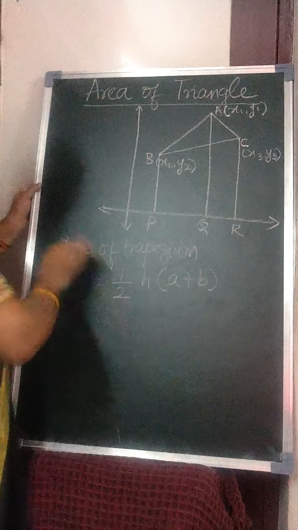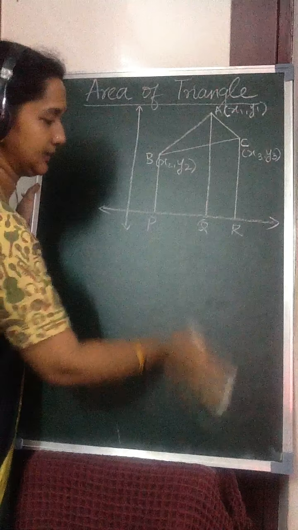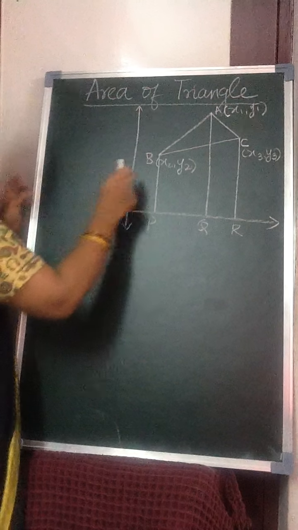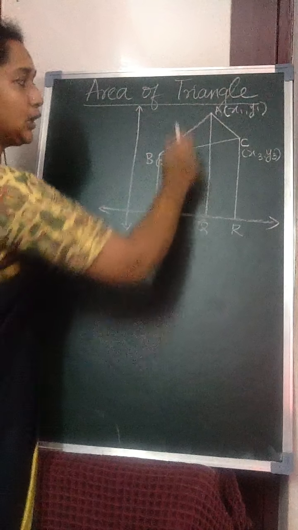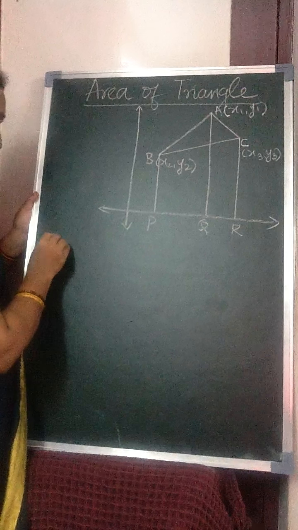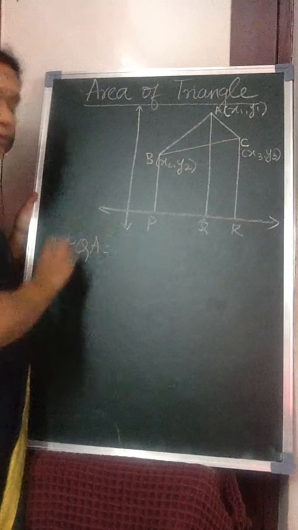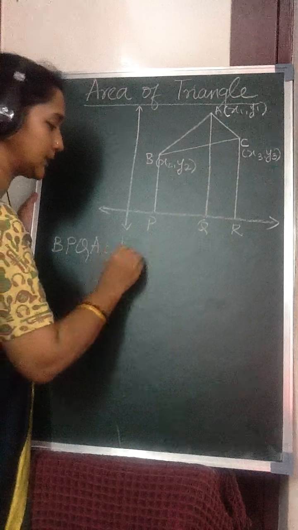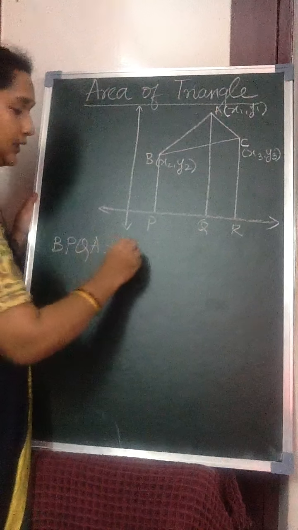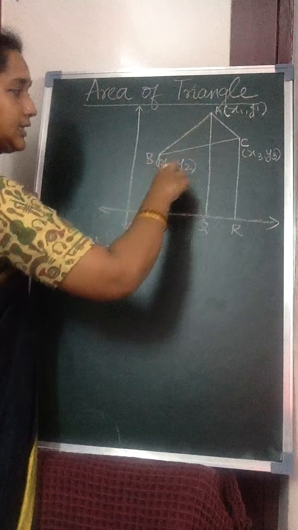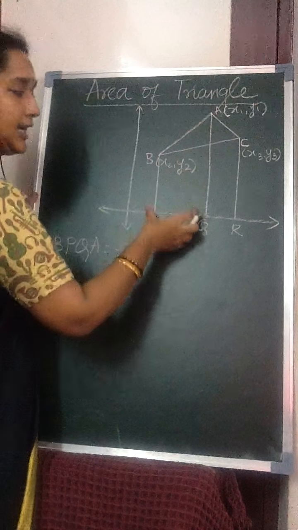So first you take the first trapezium, BPQA. So what is it? Half into height. What is the height of this?